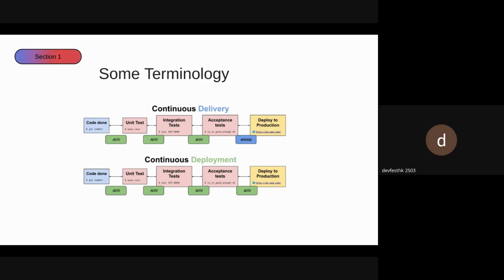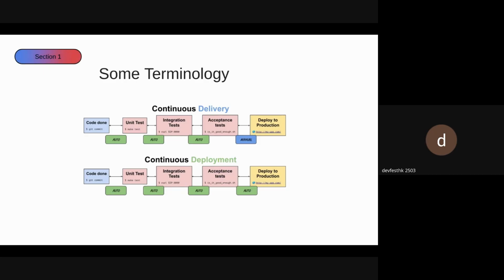So for the context, for the traditional applications, you may know already, once the code is done, then you do a unit test, integration test, acceptance test, all the tests until we deploy to production. We integrate the code from each developer into a centralized place like a repository, for example GitHub or GitLab and so on.